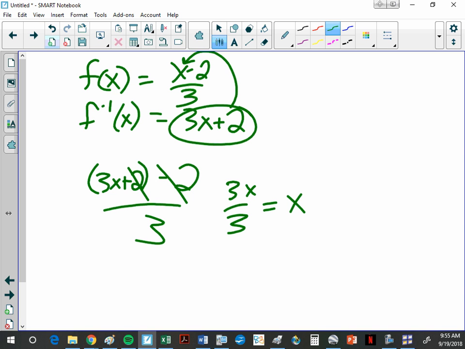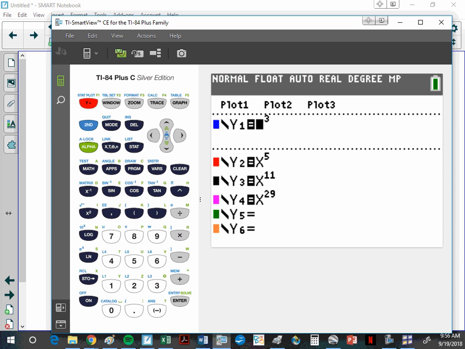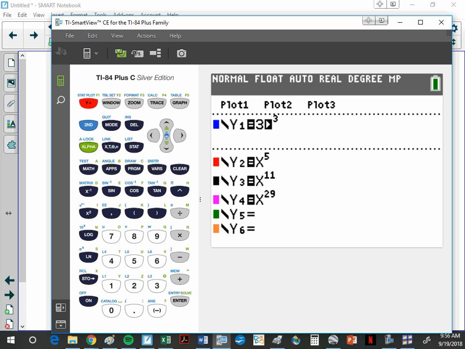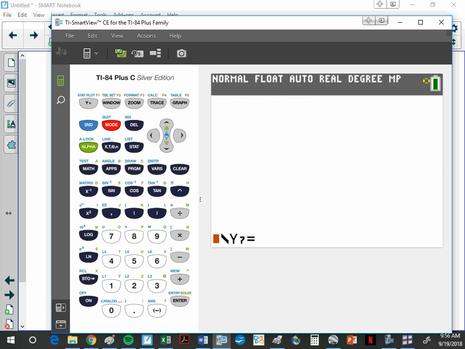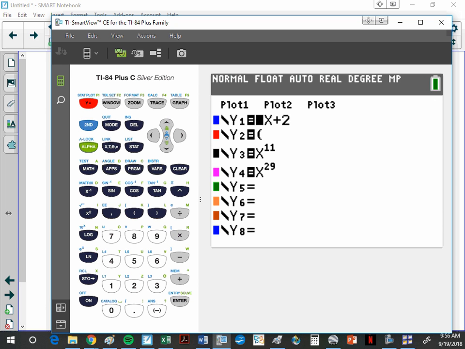Okay. And then you need to graph it. So turn on your calculators and just type both of those functions in. So 3x plus 2, and then x minus 2 with parentheses around it, divided by 3.